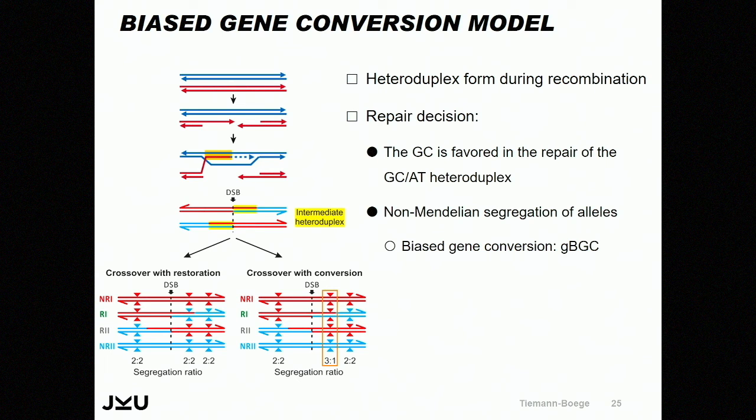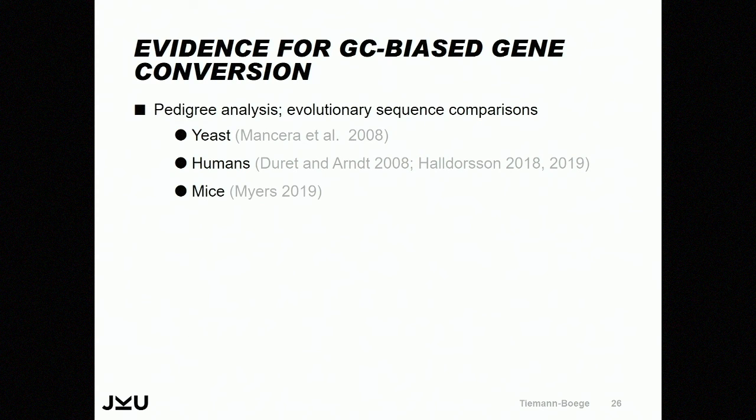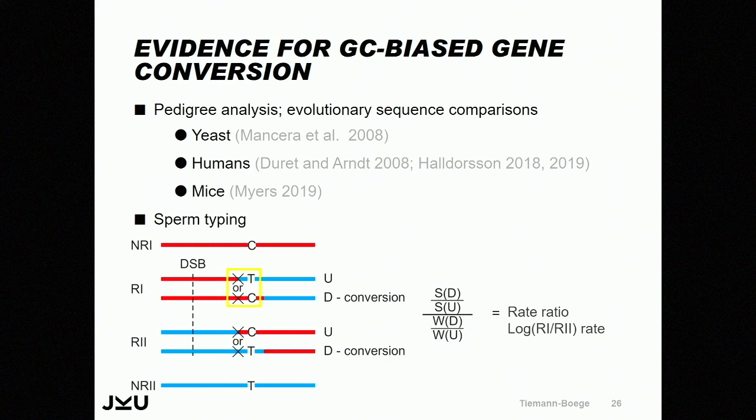And there's lots of evidence by indirect sequence comparison about this biased gene conversion. This biased gene conversion has been described all the way from yeast, humans to mice by different people. And what we tried to do is to see evidence for biased gene conversion from sperm typing.